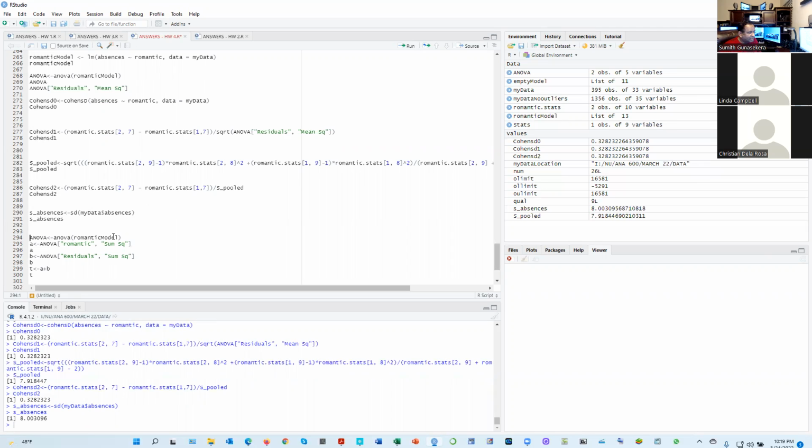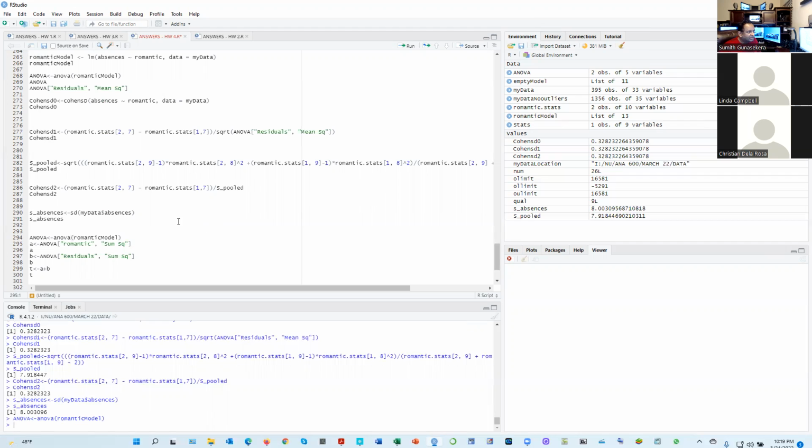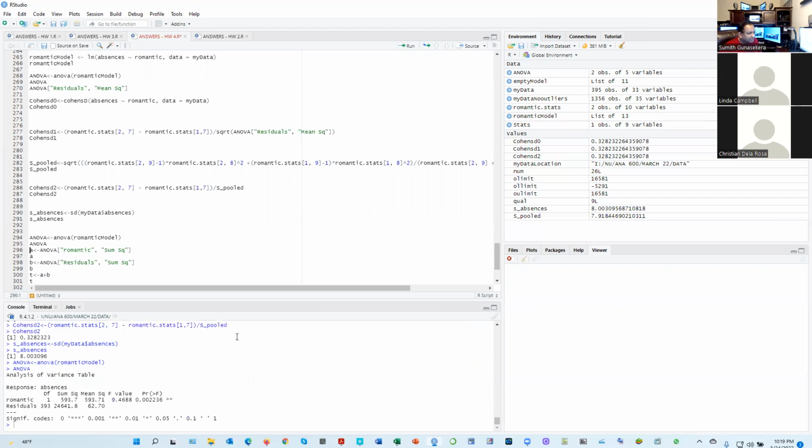Then I go to the ANOVA table and I'm gonna run that one. From the ANOVA, the sum of squares, I'm gonna run this one for you. I'm gonna go to the sum of square.